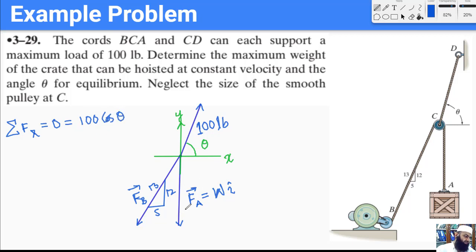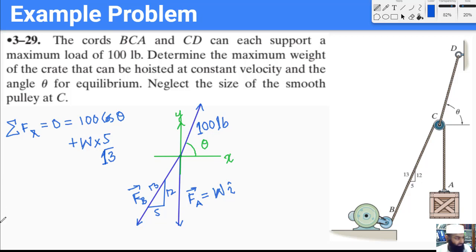There is no X component of this force, and the third force, again this weight, is going to be W, because the magnitude of this force is also W. So I'm just going to say W times 5 by 13. So here we have the two terms for the sum of all the forces in X equal to 0.